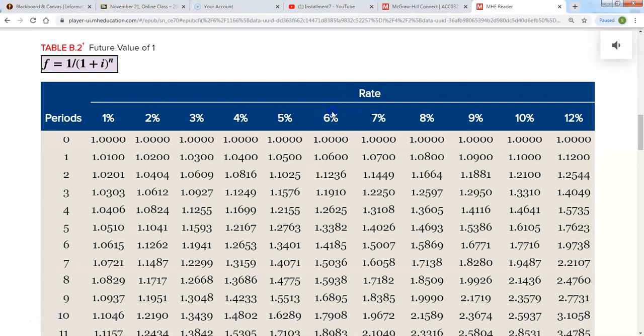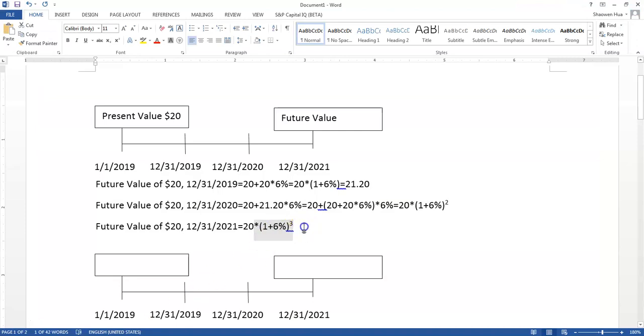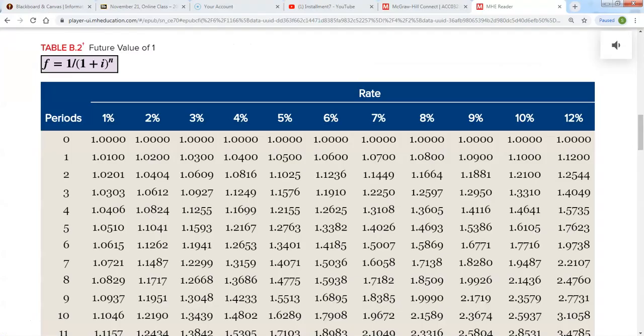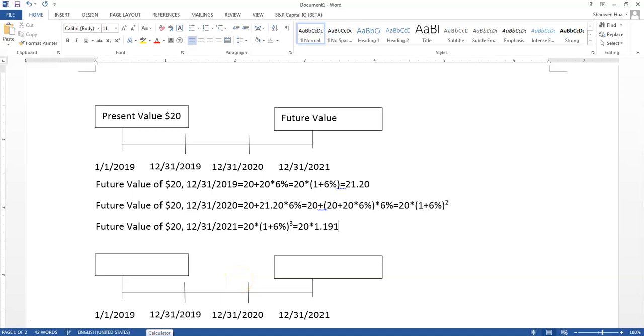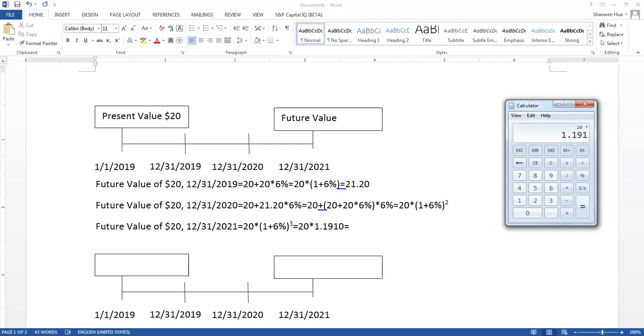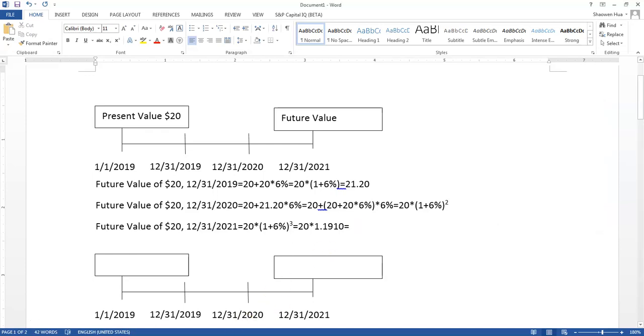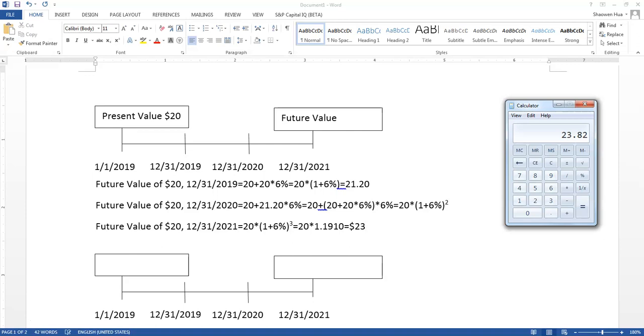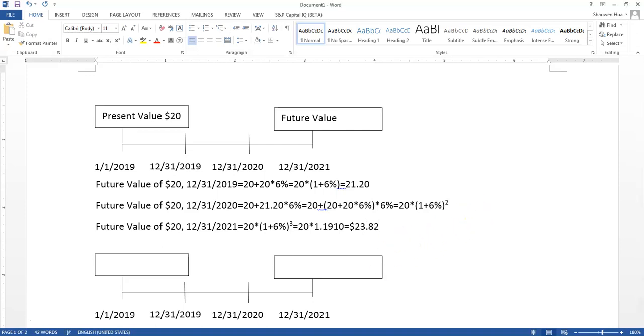For 6% interest rate after 3 years, the discounting factor is 1.1910. So you can rewrite this calculation as $20 multiplied by the future value discounting factor for 3 years at 6%, 1.1910. So 3 years later, I will return money to the lender, principal plus interest, of $23.82.